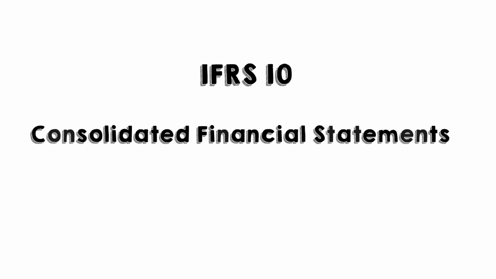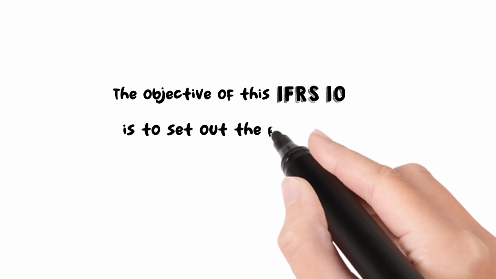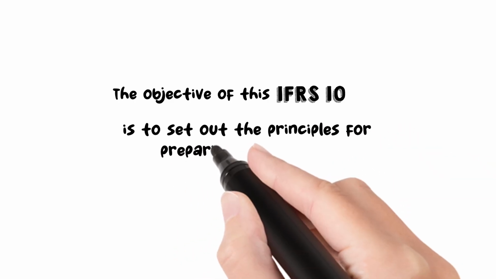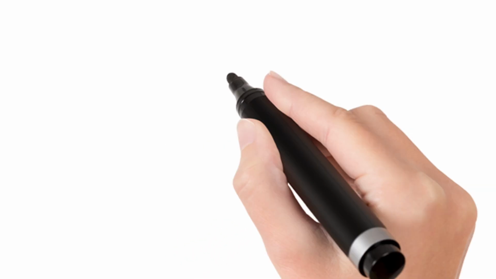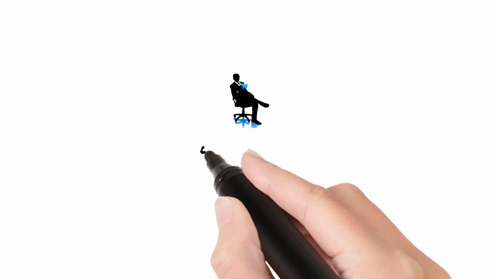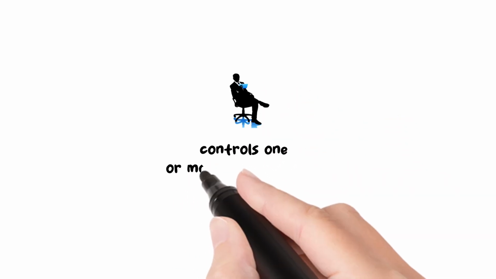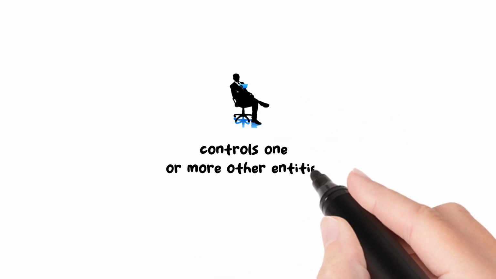IFRS 10, Consolidated Financial Statements. The objective of IFRS 10 is to set out the principles for preparing consolidated financial statements when one entity controls one or more other entities.